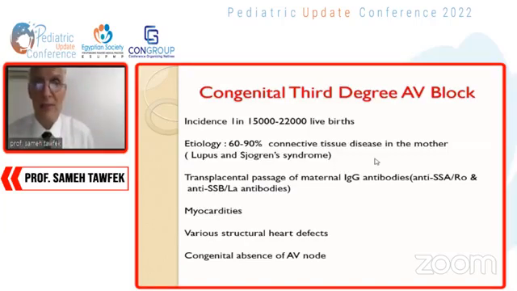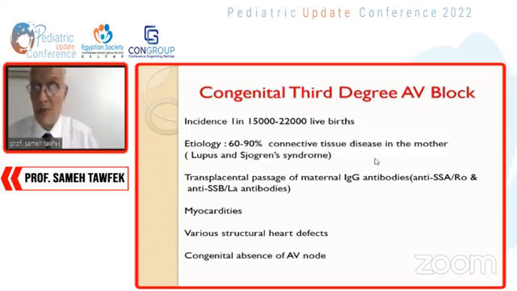Etiology: up to 90% is due to connective tissue disease in the mother, such as lupus or Sjogren syndrome, which has been blamed for congenital third degree AV heart block. This is due to maternal transfer of IgG antibodies, anti-Ro and anti-La. Sometimes it manifests with carditis.